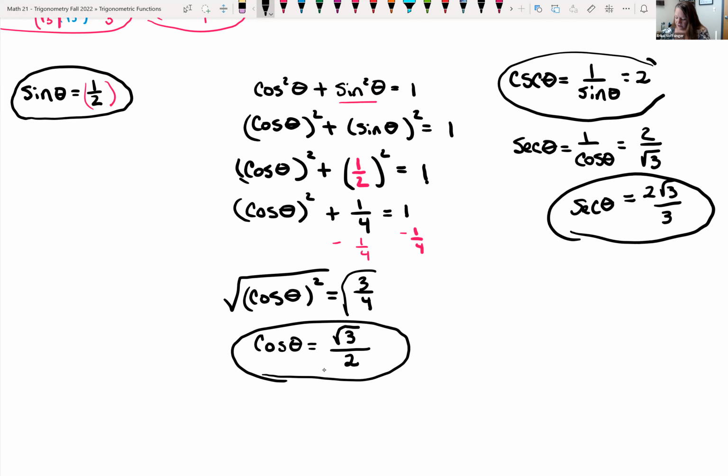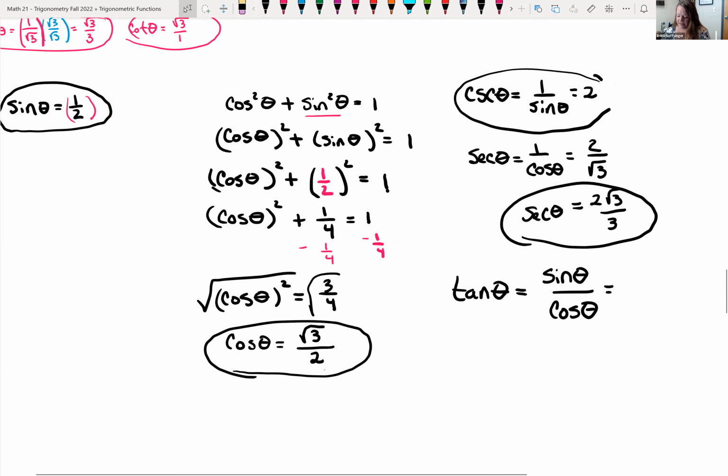And cotangent theta, actually, let's do tangent first. Tangent theta, we know is sine theta over cosine theta. Well, sine theta, we were given, is 1/2 divided by cosine theta, which is root 3 all over 2.